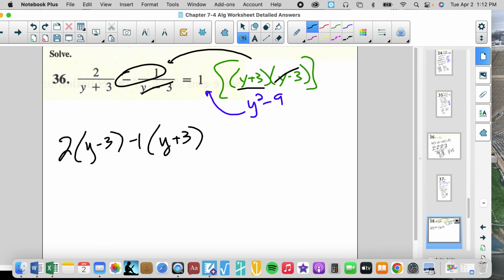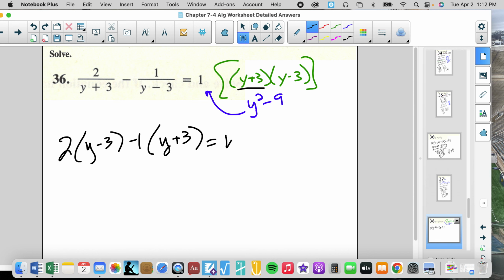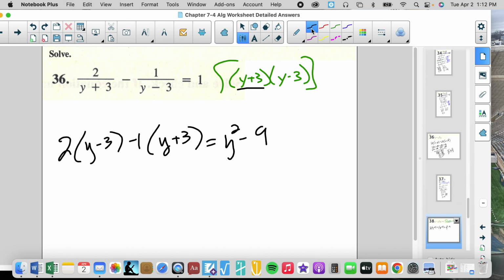Okay, and so those will be gone. And then we have to distribute this to the 1, and that'll just give me y squared minus 9. That's why I do that, because we know that it's 1 times these two values. Those are conjugates. Conjugates are going to produce y squared minus 9.